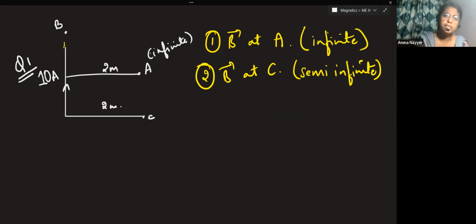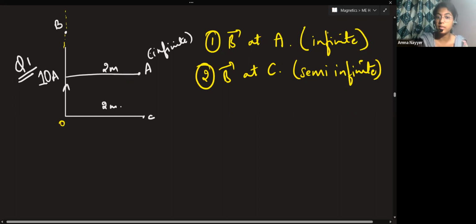Here this end is extending, and this is semi-infinite. So when you're solving C, forget about A. Do not consider it. I have written it in a single question, no need to write it. This is the finite end where the point is. Then third is B point, and B point's location is exactly in front of you.